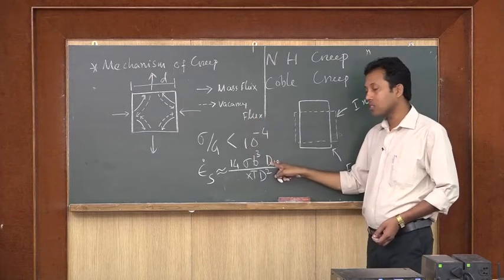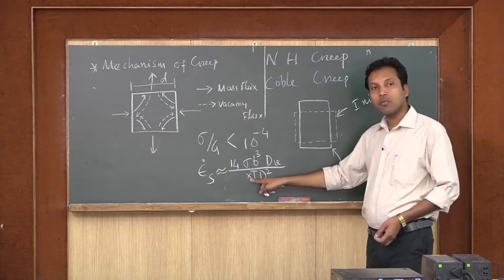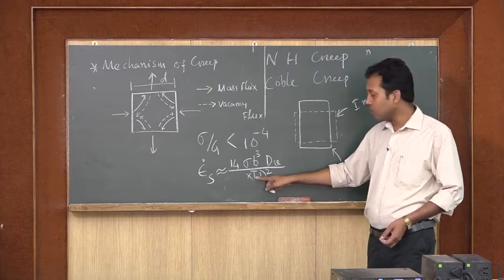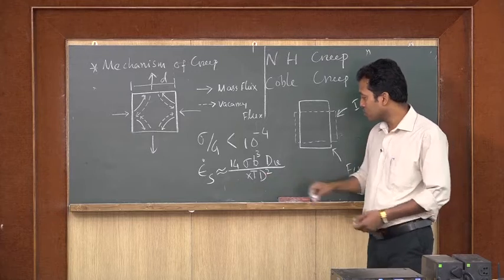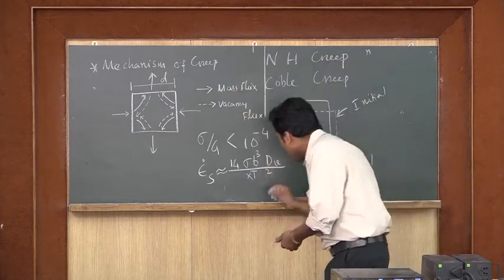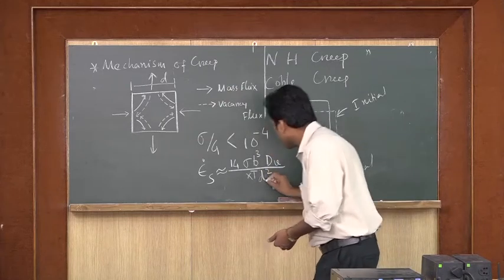So, Dv is the vacancy diffusivity, K is the Boltzmann constant, T is the temperature in absolute scale, d, small d I should write here, because there I have written small d.